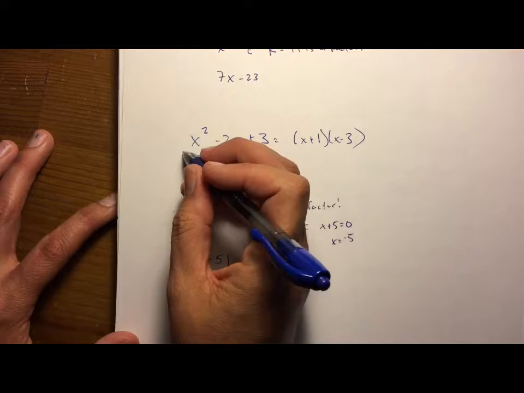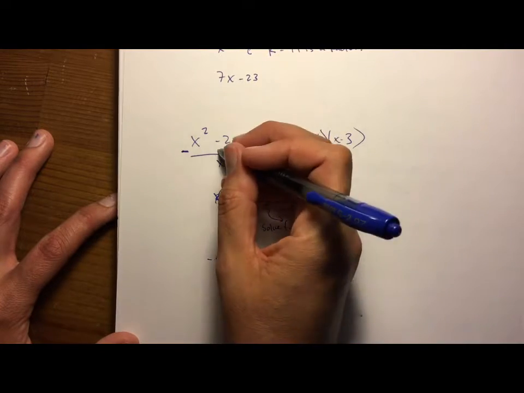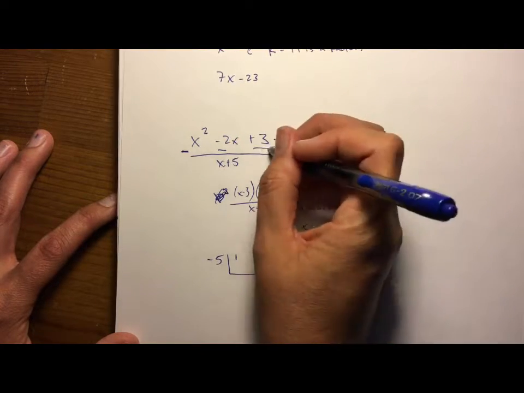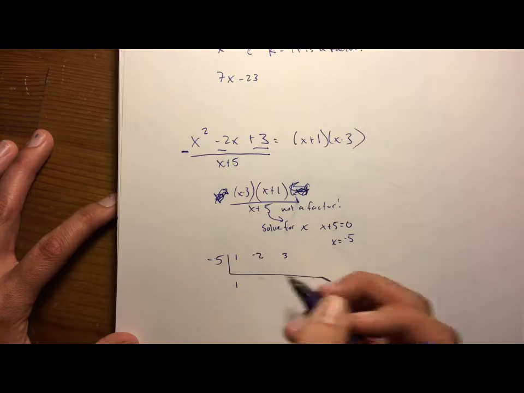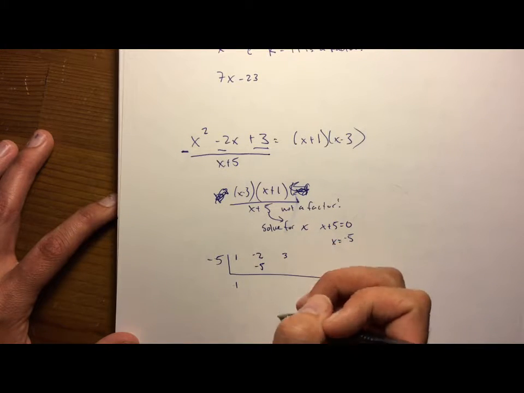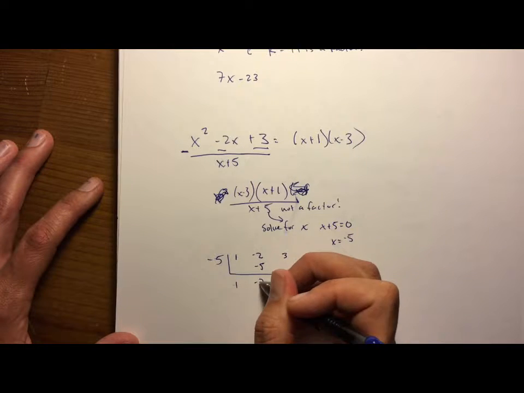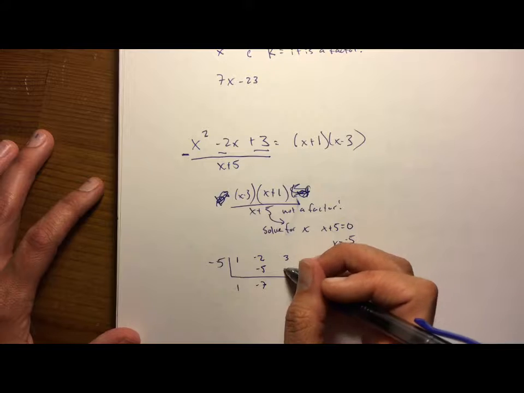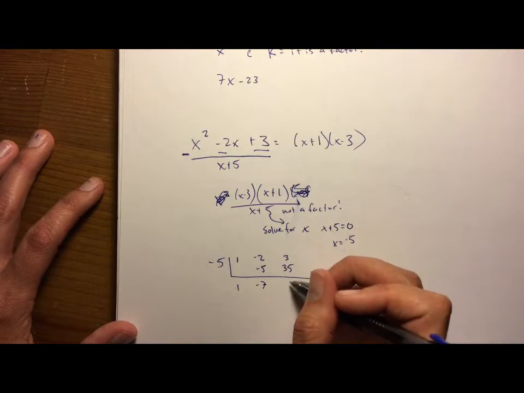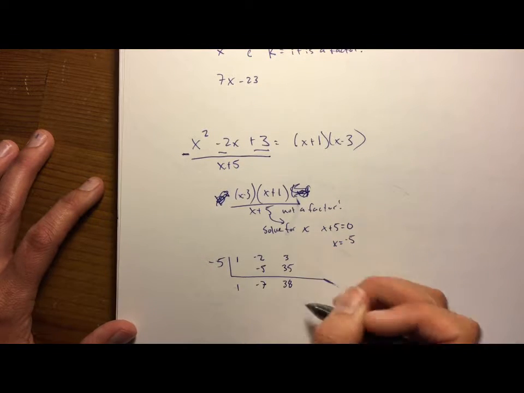Then we're going to set up our synthetic division chart. Okay, again, look at your coefficients. 1, -2, +3. And so bring down my 1. -5 times 1, -5. Then that's -7. Yep, -7. -5 times -7 is +35. And that makes this 38 because we add down.